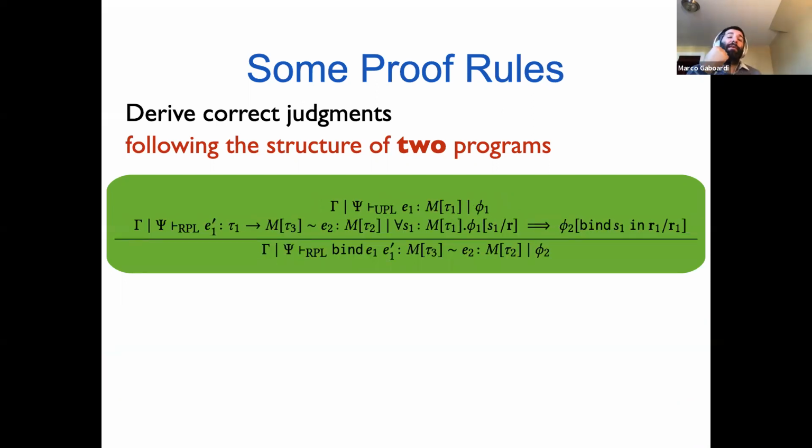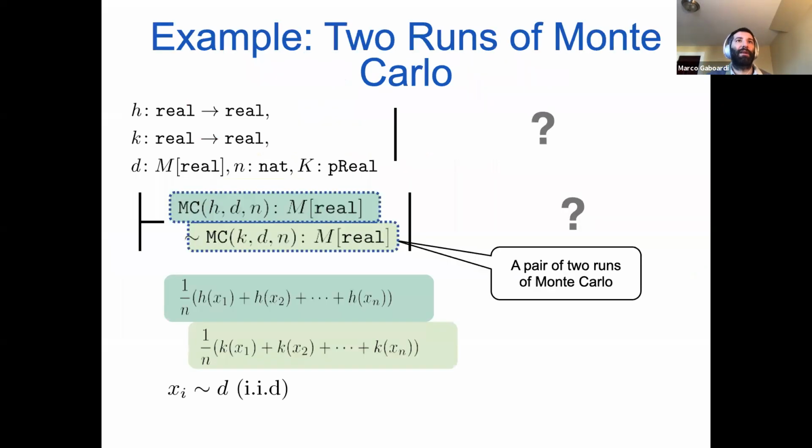Now, we don't have only rules for programs that have the same shape at the top level. We can also reason about programs that have different shapes. So here you have an example of a rule that allows us to reason about a program that has the shape of a bind, and some arbitrary E2. These are very useful for reasoning about arbitrary programs.